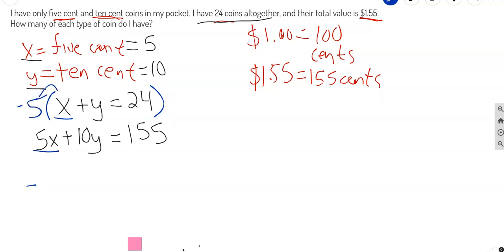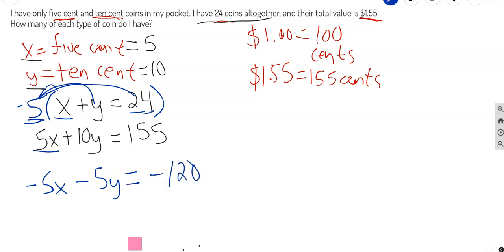So negative 5x minus 5y equals, we always need to add in our totals. 5 times 20 is 100, 5 times 4 is 20, so it's a negative 120, and let's just rewrite our original equation. 5x plus 10y equals 155.